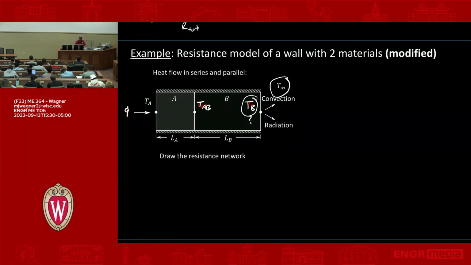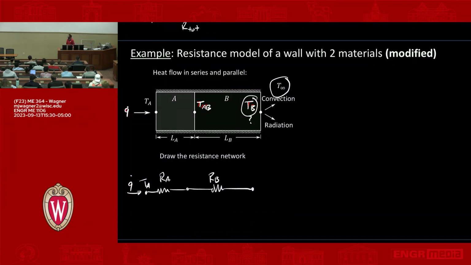So let's start from the same place we started. We have some heat transfer going into this node at TA. Now we again have a resistance, RA, and we have another resistance here, RB. Those are both conduction resistances.